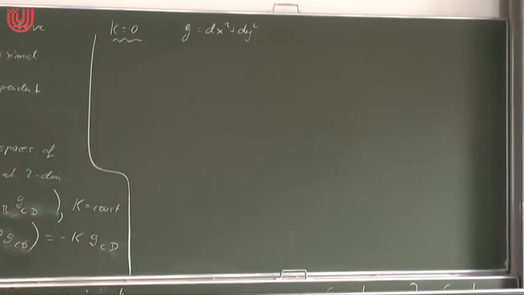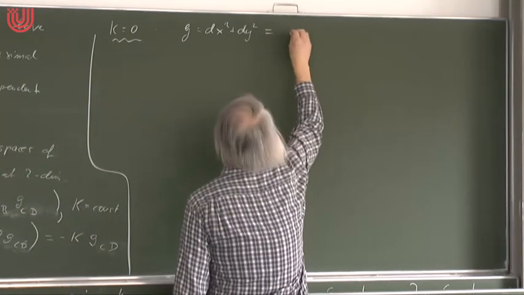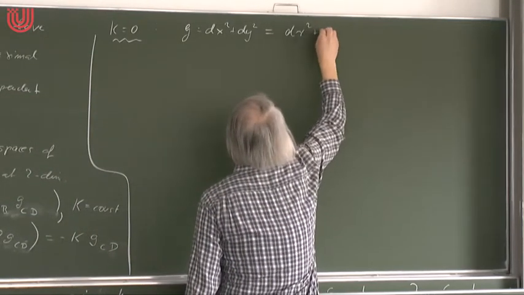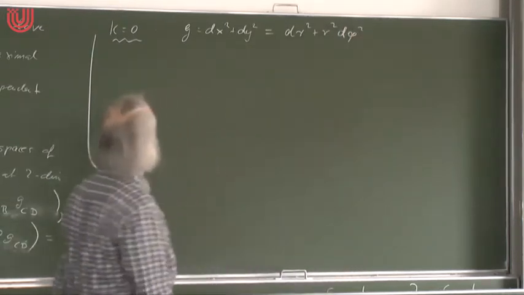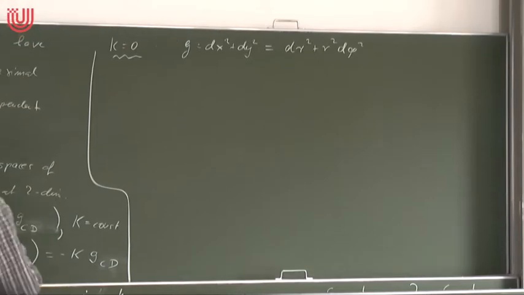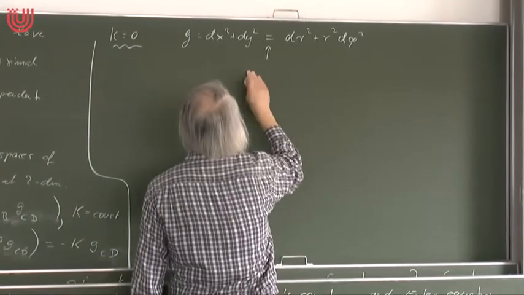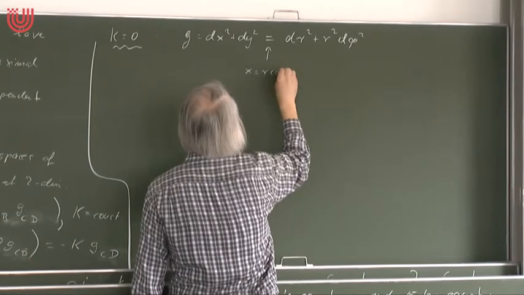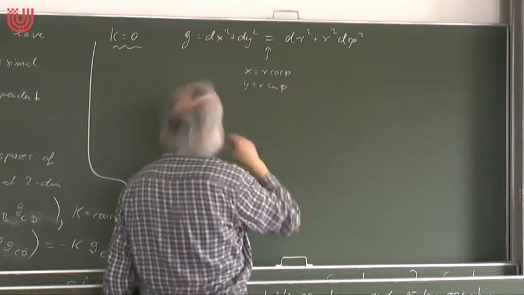If you like, you can write them in polar coordinates. I think everybody is familiar with this. Yeah, that's the same thing in polar coordinates. So I just transform: x is r times cosine phi, and y is r times sine phi.